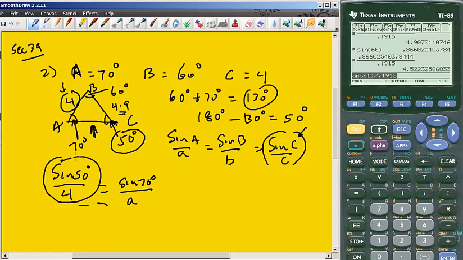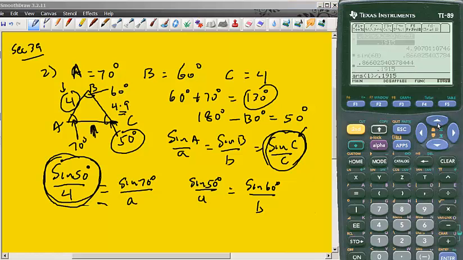Since we already know this, which is sine of C over C, we can use that. Let's go ahead and use that, and that is sine of 50 degrees is to 4 is equal to, we're finding side B, so it'll be sine of 60 degrees is to B. Okay, so what did I find for sine of 50?